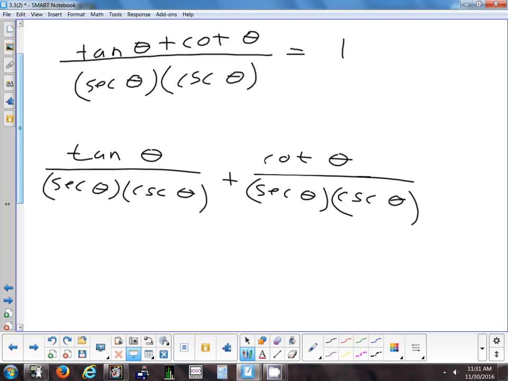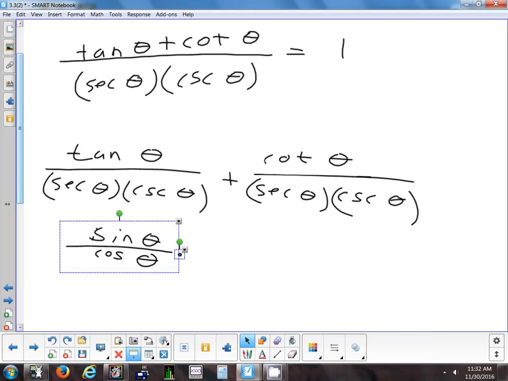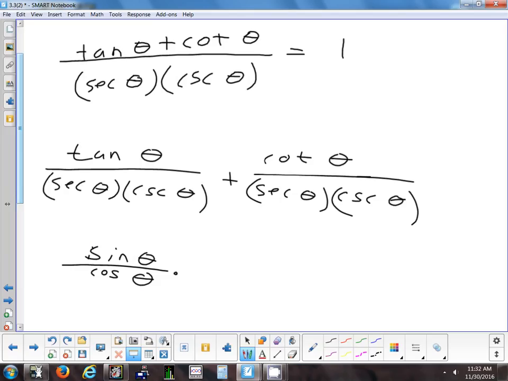So what can you change tangent to? Sine over cosine. So you can make that sine over cosine. And now, what I'm going to do, so I can do it in the same step, can somebody tell me, and I'm going to write it right below it, what is secant the same as? 1 over cosine.